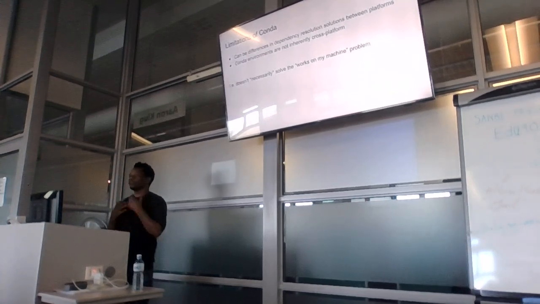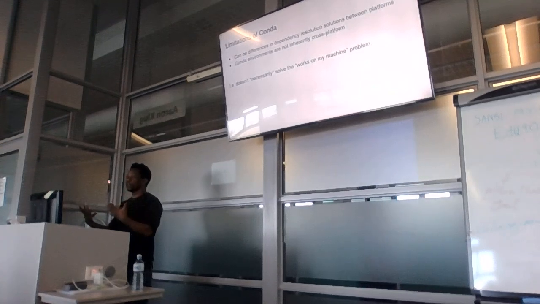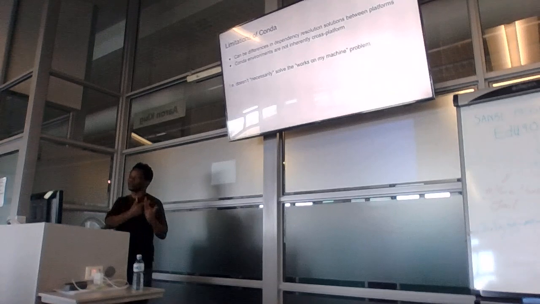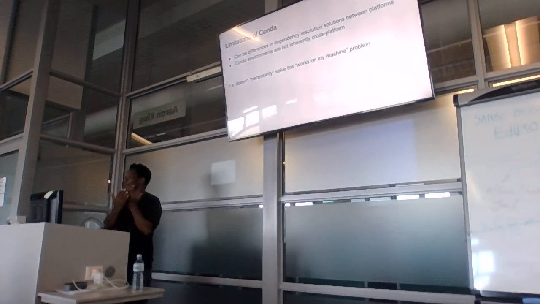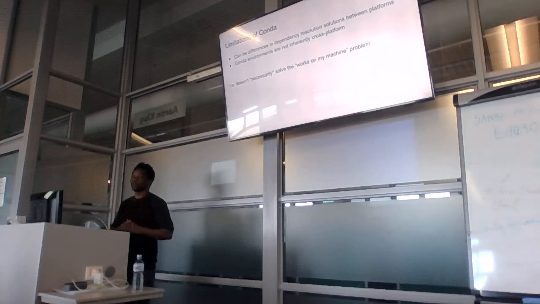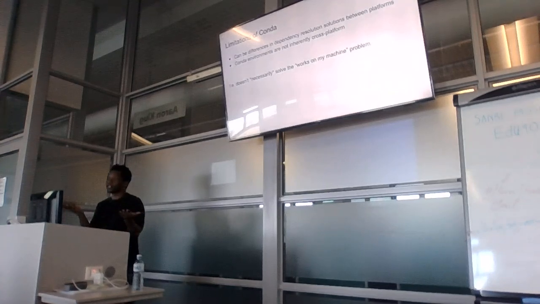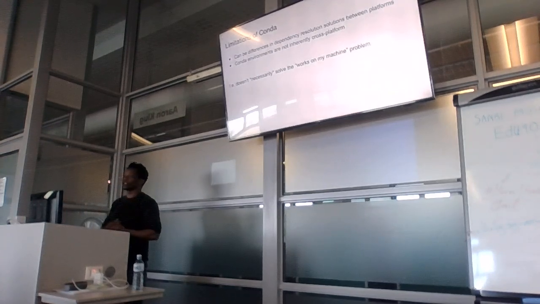If I have an Ubuntu machine and I've installed Conda, and my colleague also has an Ubuntu machine with Conda installed, we can get much closer to a similar or near identical environment. There will be some subtle differences, but maybe they're not sufficient to cause us worry.